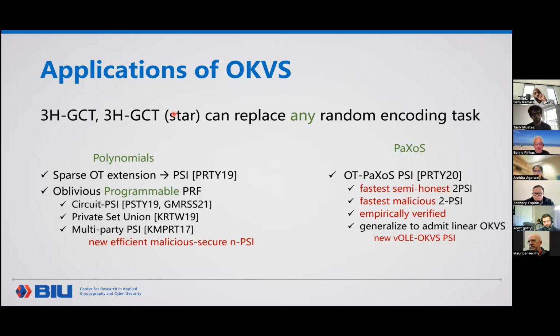Almost all works on PSI use polynomials to basically do these key value stores. Whenever we use polynomials, we can replace them with this OKVS, which is much more efficient to compute. Instead of doing polynomial interpolation, we just do these linear operations. And with this amplification, we can verify that the failure probability is indeed very small.